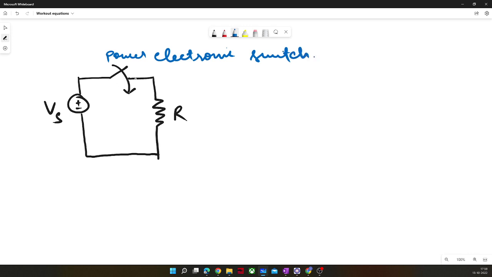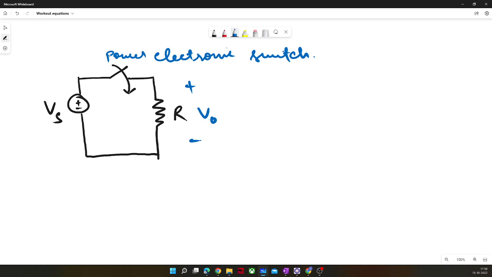This can be turned on for some time, and this can be turned off for other time in one time period, right? So what would be the nature of the waveform across this resistance, this V note? That we will try to find out.